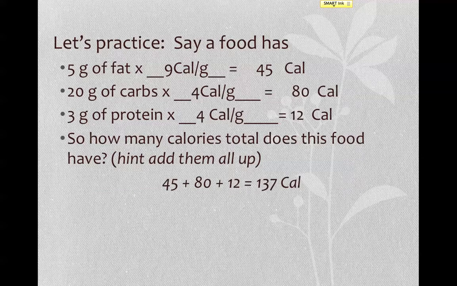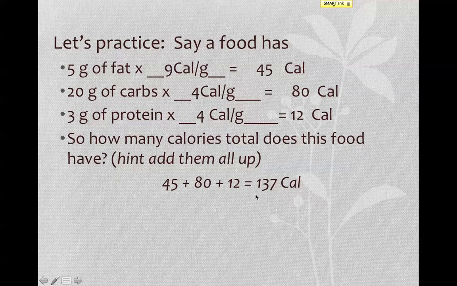Okay, so hopefully you put 4 calories per gram for carbs and 4 calories per gram for protein. You did the math, right? 20 times 4 is 80, and 3 times 4 is 12. Then when you add them all up, 45 plus 80 plus 12, you get a grand total of 137 calories.